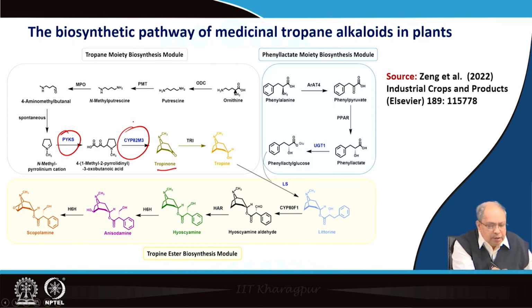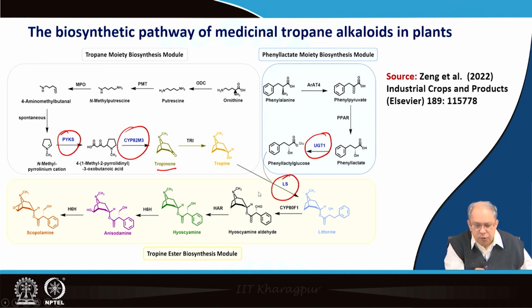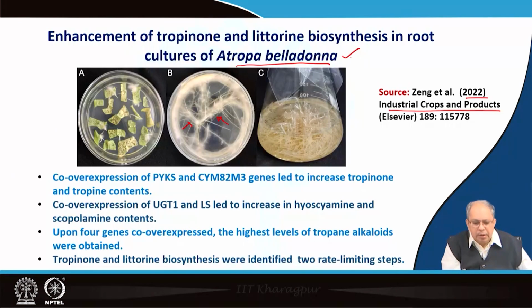In one set of experiments they co-transformed these two genes together, in another set they took UGT and LS, and in the third set they added all 4 together. So, 3 approaches were taken. Let us go back to the previous slide.